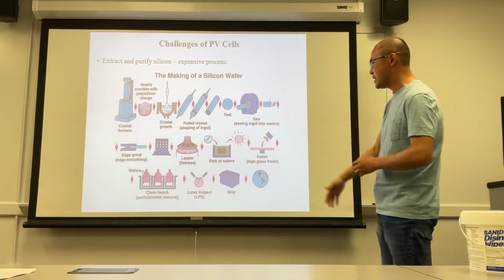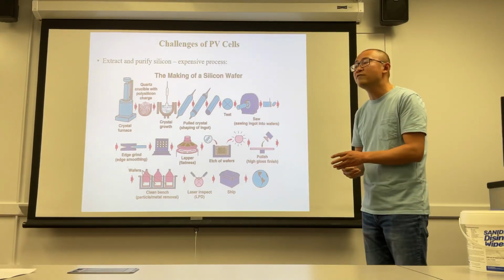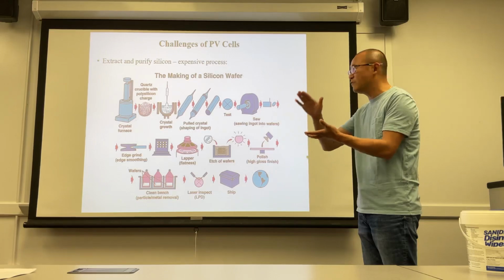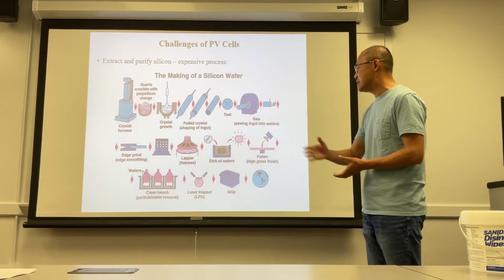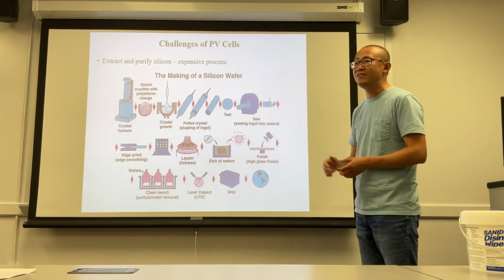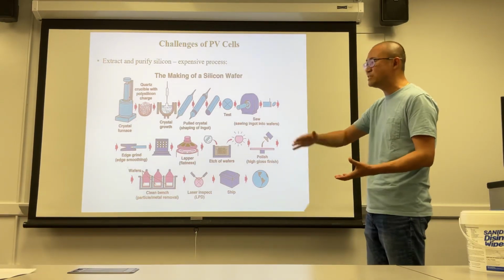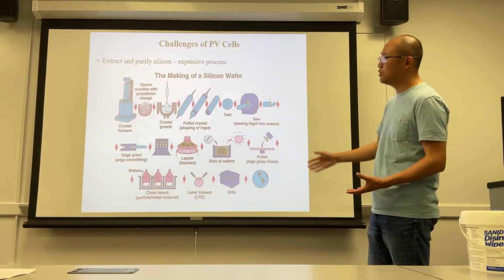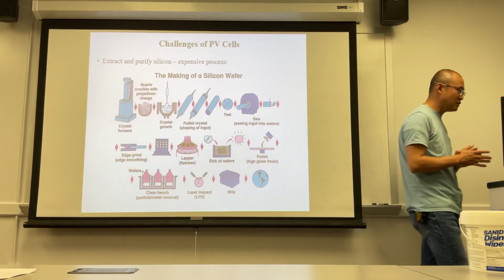Eventually, you get a very thin wafer ready for solar panels, a thin layer of extremely pure silicon. That's a very cumbersome process, and that adds a lot of cost. Again, even though solar panel costs are decreasing year by year, this still makes the process expensive and costly.